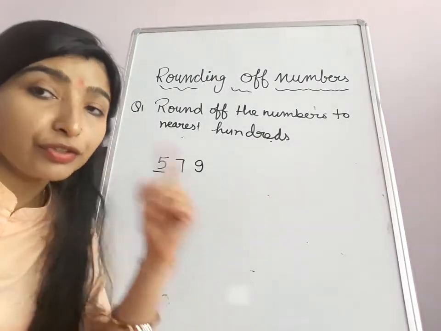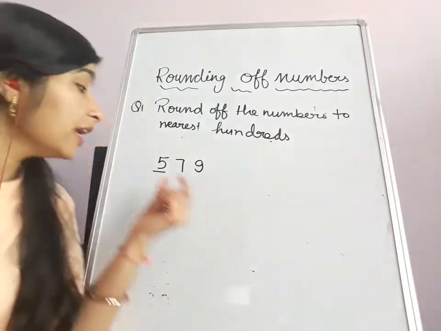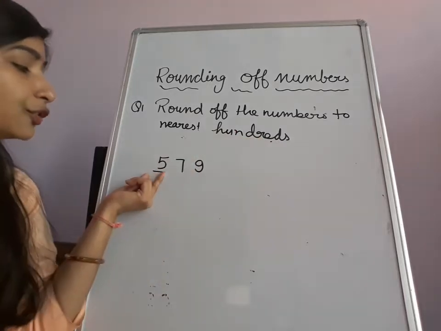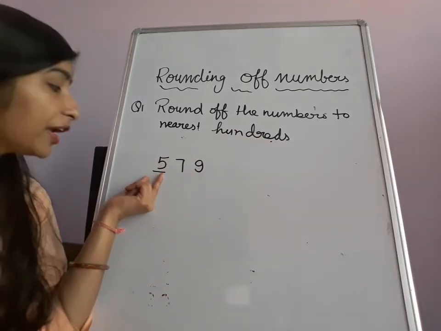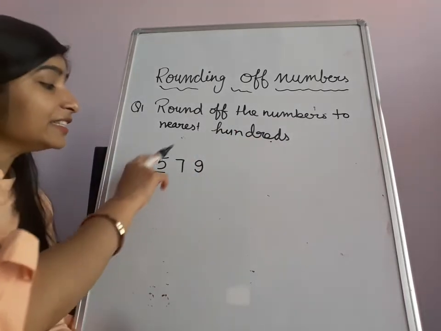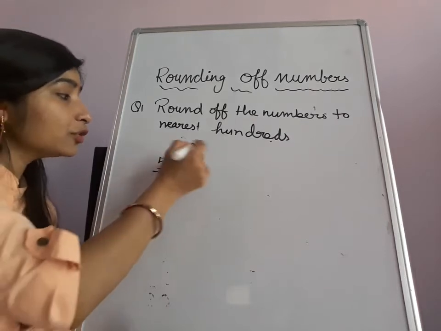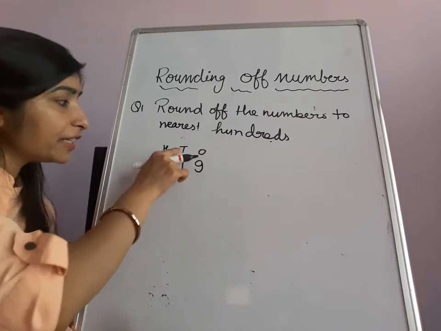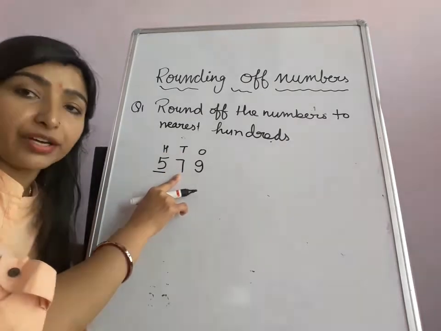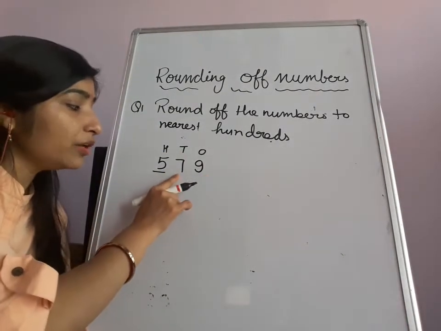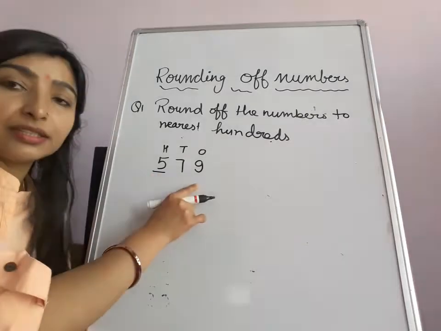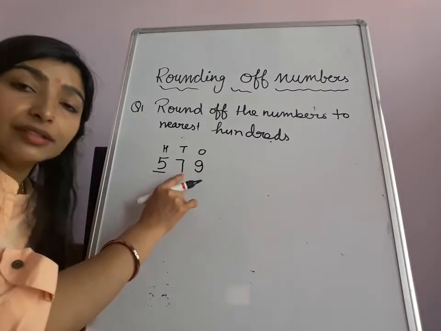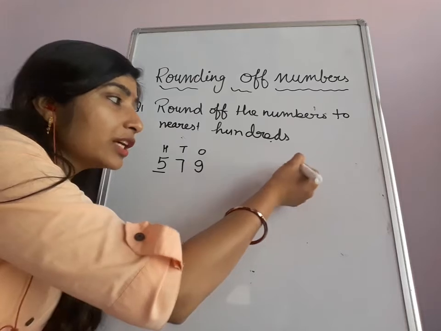For tens, we were underlining the tens place. Now for 100, first you will underline the 100 place. Pay attention on the 100 place and then see the next digit, that is of the tens place. So this is ones, tens, 100. Underline the 100 place. You will see the tens place over here. Don't go to the ones place. Only the tens place, the next digit of the underlined number.